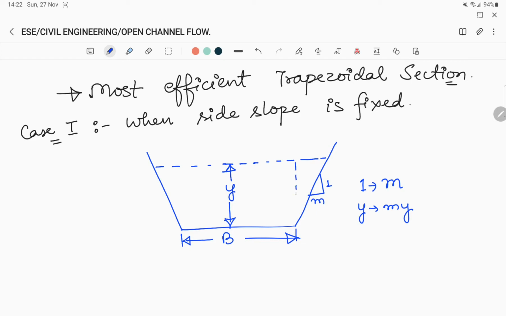So we can easily find the top width of this channel section. This will be my and this will also be my.